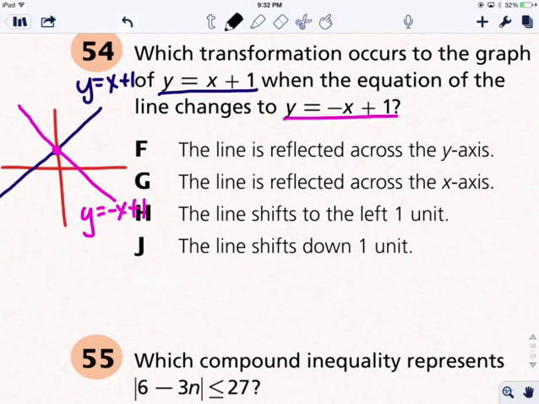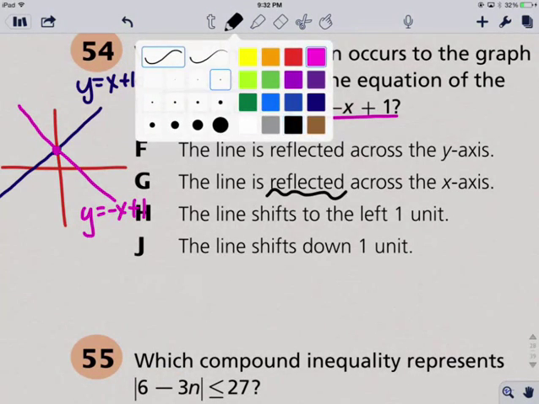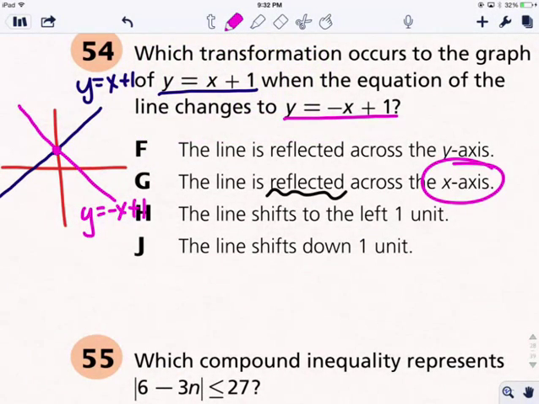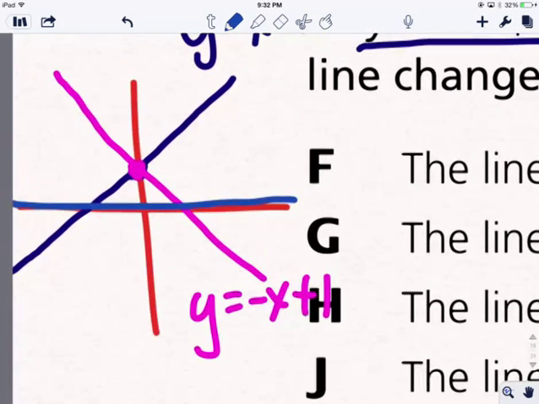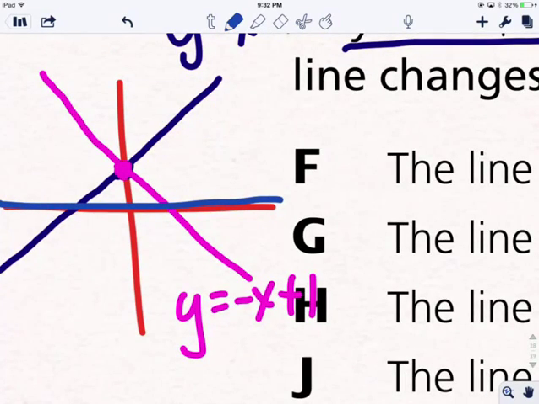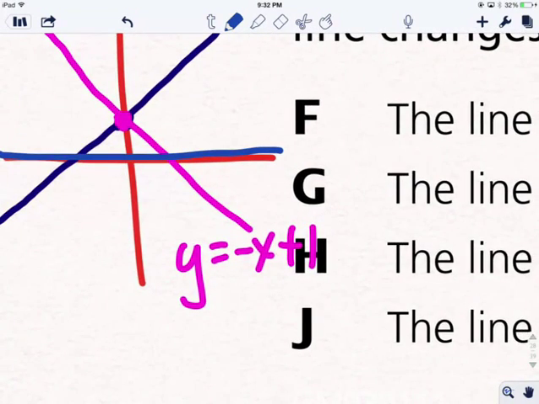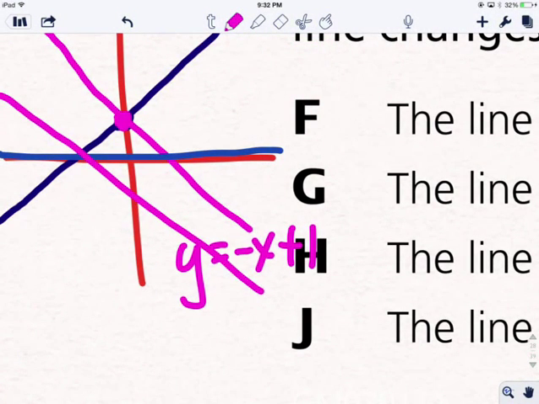Now, I hope you know what the word reflect means, right? If we would have reflected it across the x-axis, then that means that the x-axis would have acted as kind of a mirror to this blue line here, and the new line would have looked something like this, right? It's a mirror image, but that's not what our new line looks like.